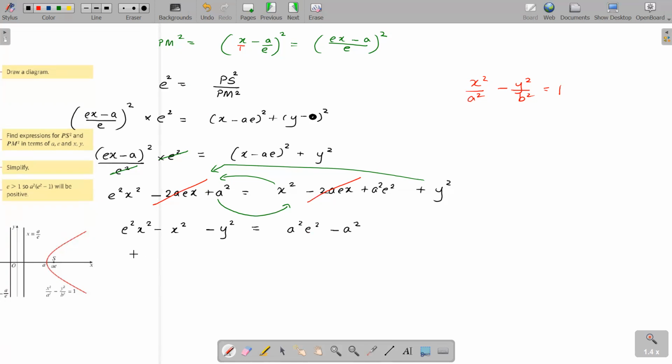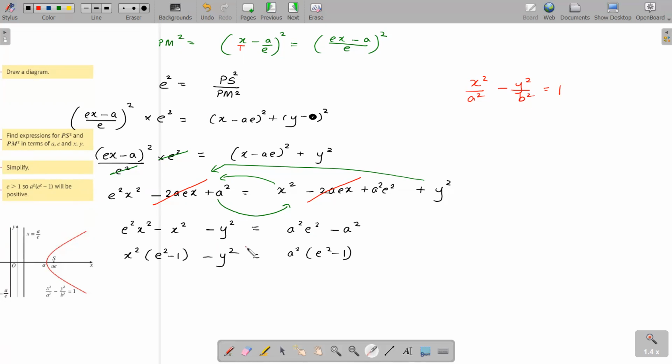Do you agree? When I take x square out, I get e square minus 1, minus y square. When I take a square out here, I get e square minus 1. Do you see some kind of a rearrangement here now? You can see I have the equation x square over a square minus y square over b square equals 1. I have almost got it.